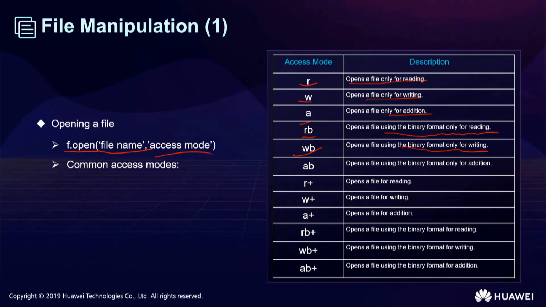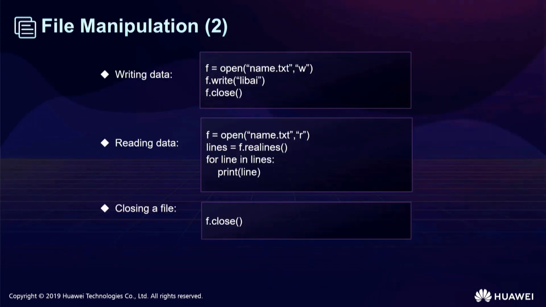And we can write functions to save our data in files, and we can write our data like that. First, we should open the file, then we write the string into our file, and then close the file.